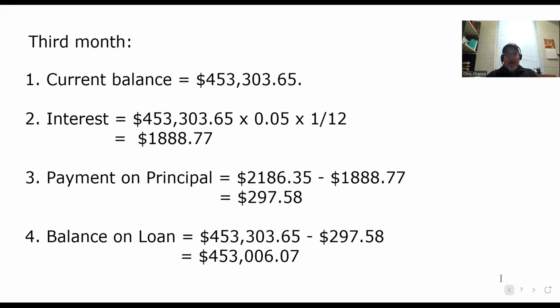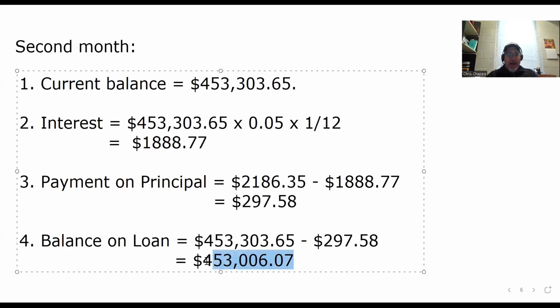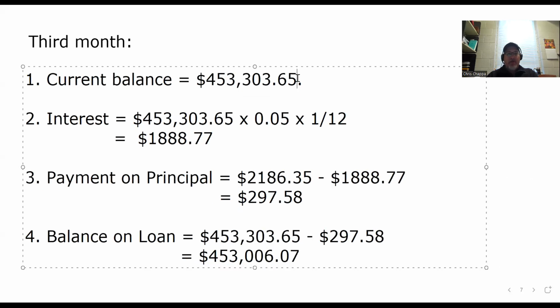At the end of the second month, our new balance on the loan was $453,006.07. So let's put that here. And that's going to go into our new interest calculation. So lower principal means lower interest. Let's see what this interest is.